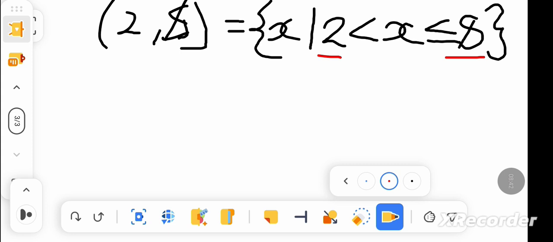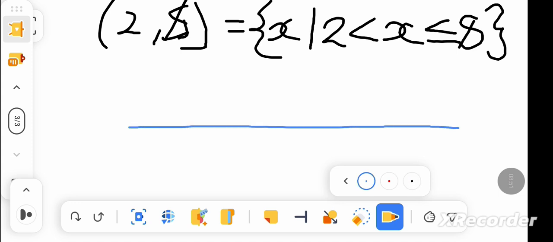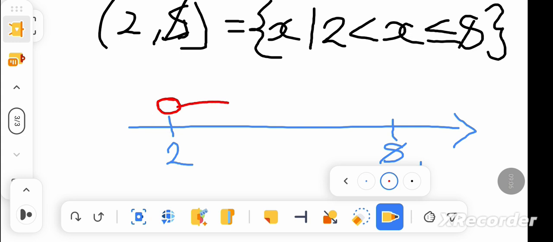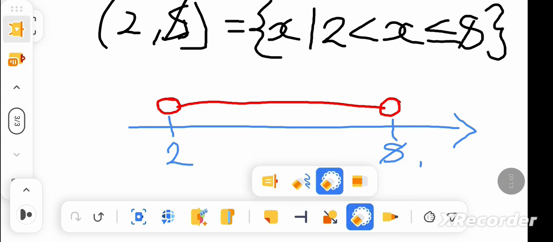So now to show that on our graph, on your real line, what we do is draw our real line like that. Then we show where our 2 is, then where our 8 is. Then from there, we draw a circle like that. Then we draw a line which goes all the way up to 8, and then we circle as well like that.